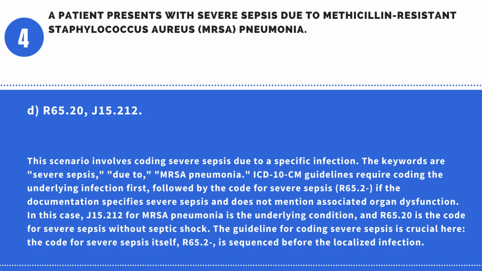In this case, J15.212 for MRSA pneumonia is the underlying condition, and R65.20 is the code for severe sepsis without septic shock. The guideline for coding severe sepsis is crucial here. The code for severe sepsis itself, R65.2-, is sequenced before the localized infection.